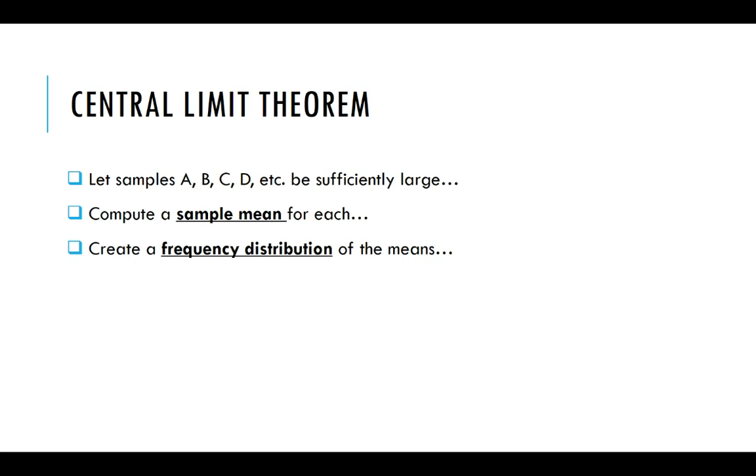In other words, I'm going to plot the distribution of the means so I can see what it looks like. And when I take that frequency distribution of these means, it's going to approach the normal distribution, right? So as long as I have sufficiently large amounts of samples, it's going to approach the normal distribution.